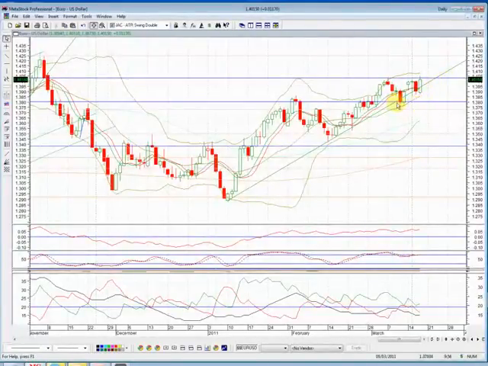That expectation changes if we trade below that level here and close below that level. That's how my feeling about the euro is going to change. Until we do that sort of movement, my expectation is that the upward trend is going to continue for at least a few months now.